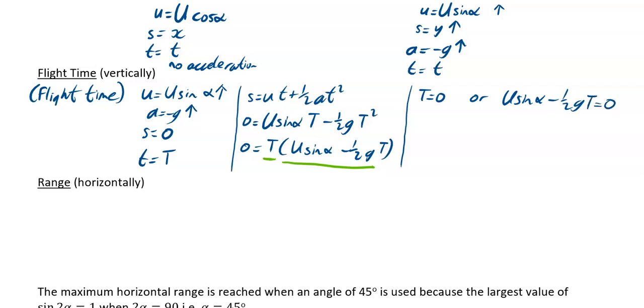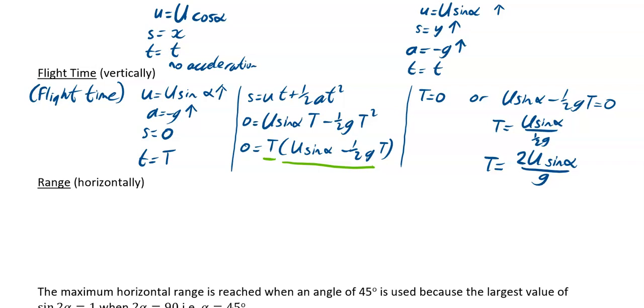With a wee bit of rearranging, you're going to get T is equal to capital U sine alpha divided by a half g, and if you do that out, dividing by a half, remember, is the same as multiplying by 2, so big T is equal to 2 big U sine alpha all divided by g.